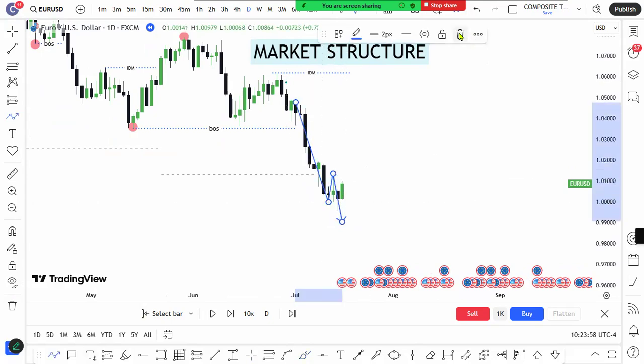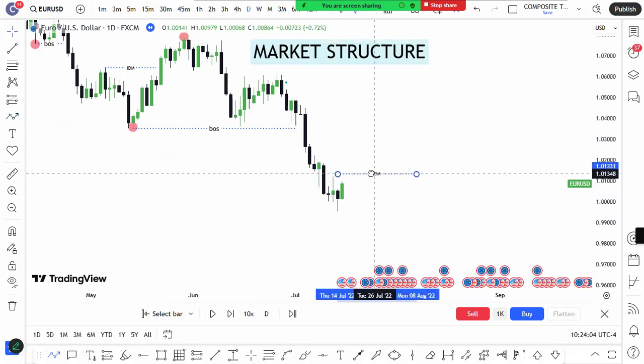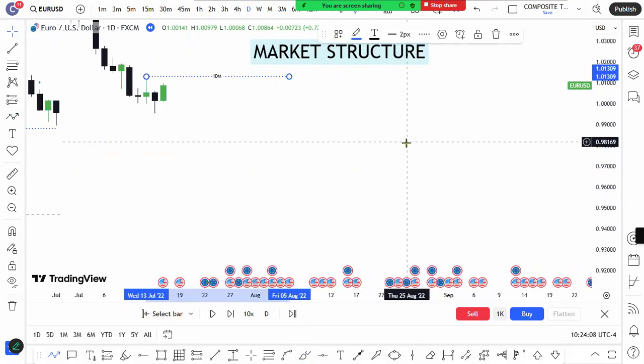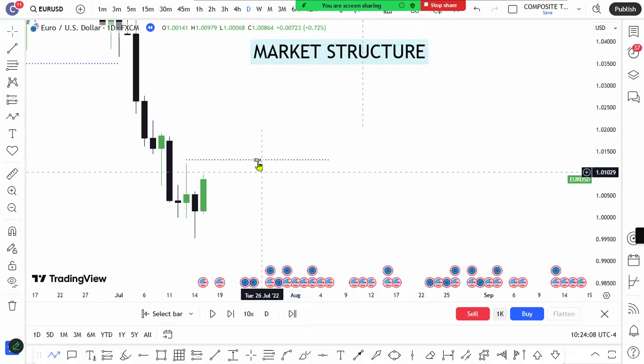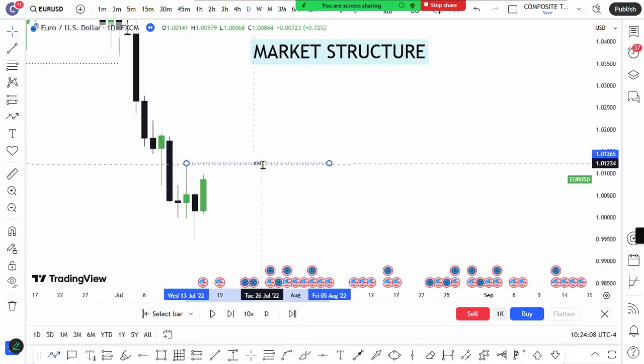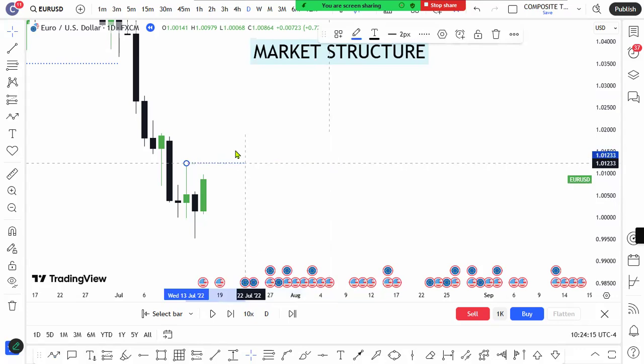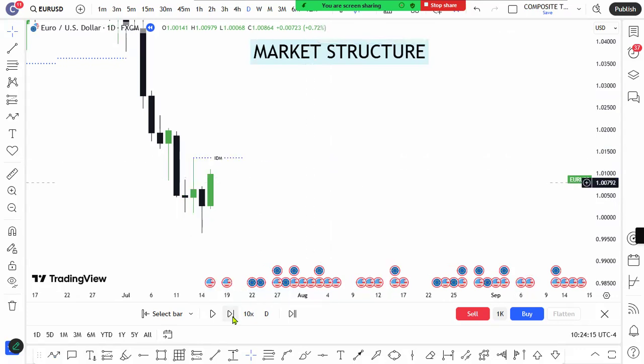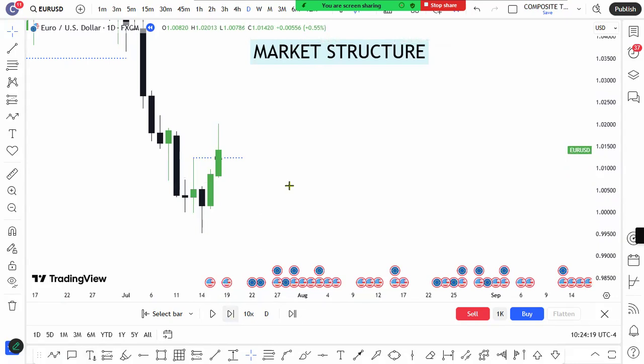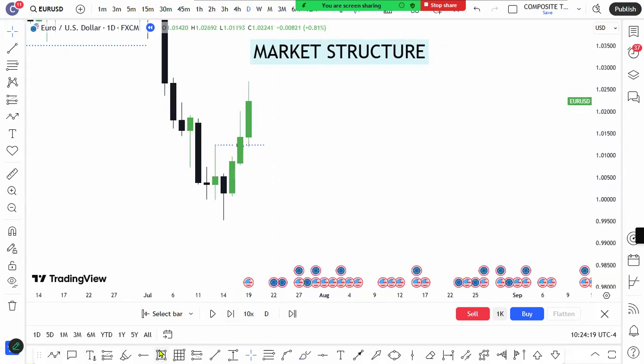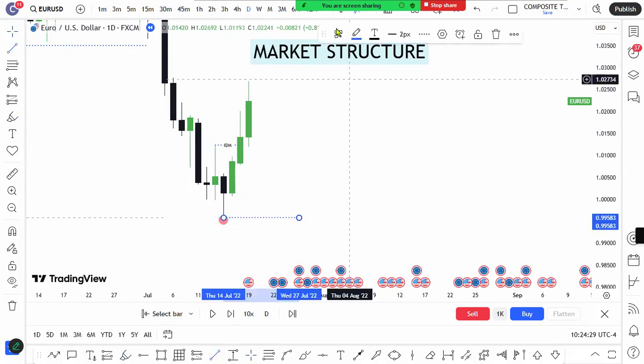So this was also a small pullback, so this is an inducement as well. The price goes higher, takes out that inducement. The low is confirmed now. And the next thing that we'll want to see is for price to go down and break this structure so that the high can be confirmed.